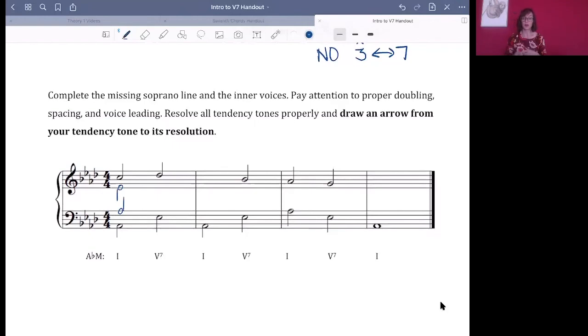I also want you to know that you might have incomplete triads or seventh chords. One of the challenges with moving from I to V back and forth is hidden fifths and octaves. So be really careful about that. Double check your work. So go ahead, put me on pause, work this out, and then come on back and we will see what you've got and we'll talk.